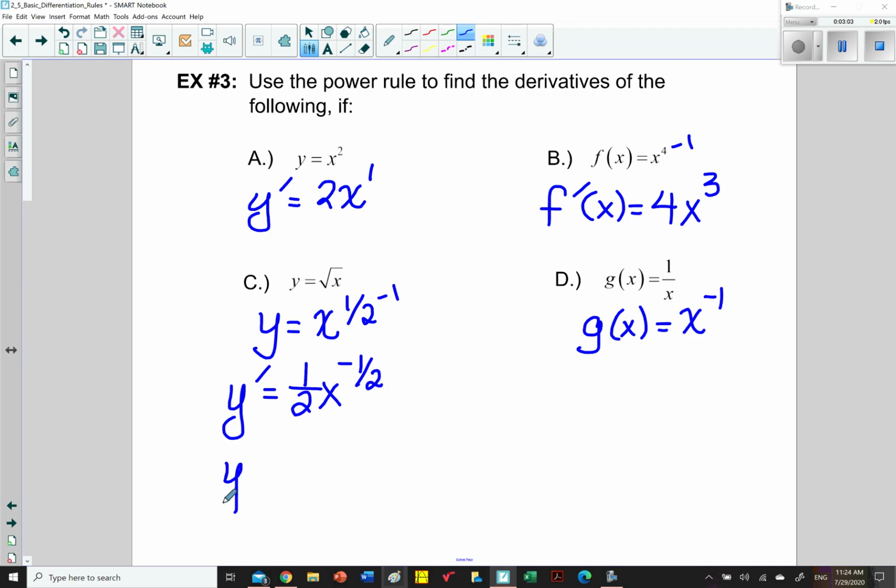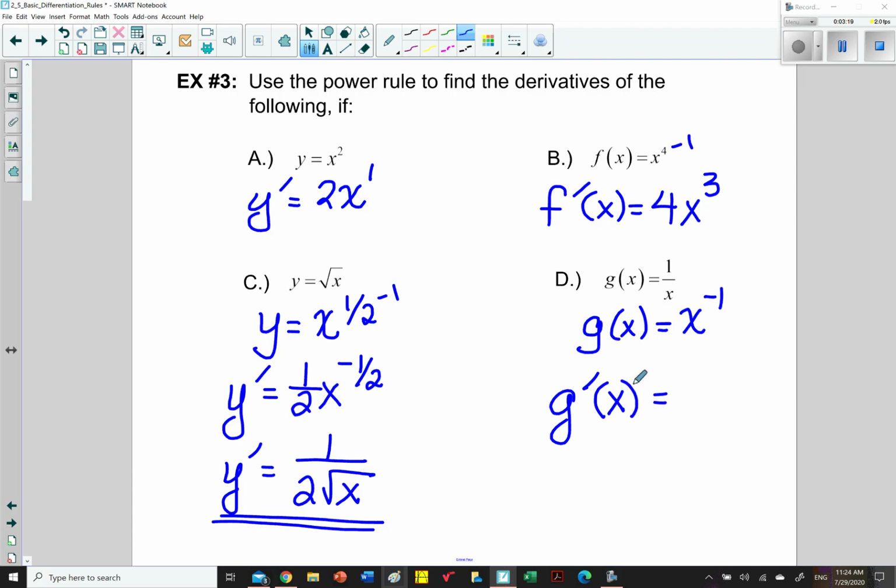So it's customary to not write a negative exponent. We would want to put the 2 and the x to the negative half back down into the denominator to write that as a positive power. And in this case, same thing. G prime of x is negative 1 times x, and reduce this power by 1, so negative 2 power. Then rewriting, g prime of x is going to be negative 1 over x squared.